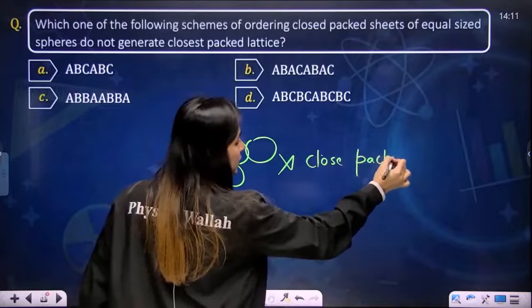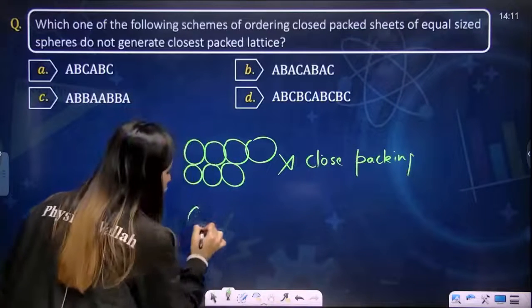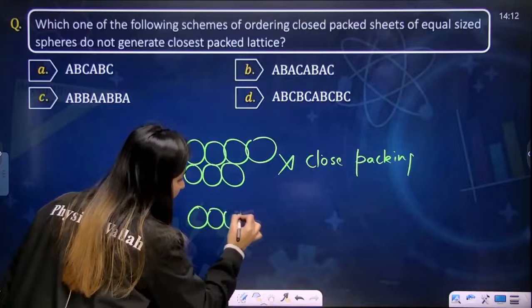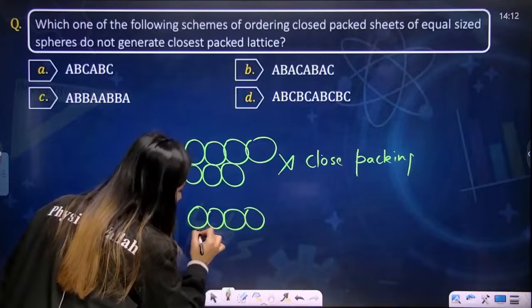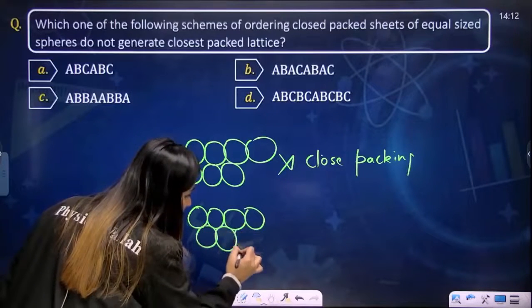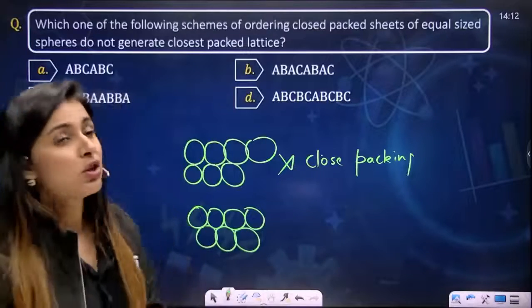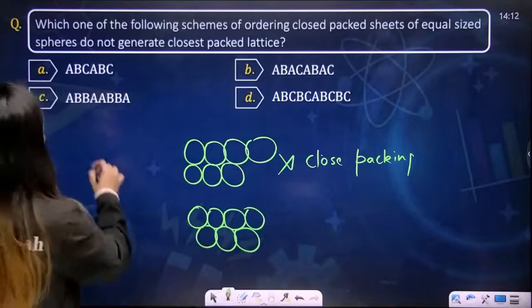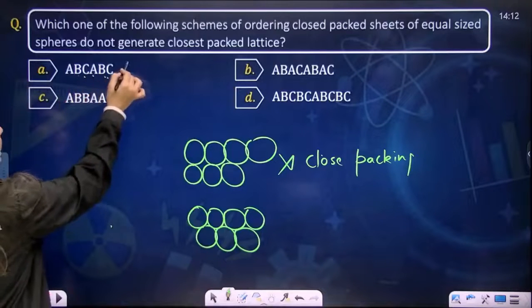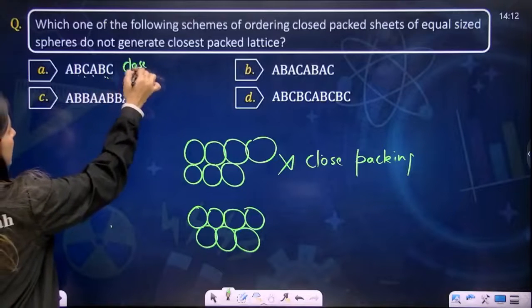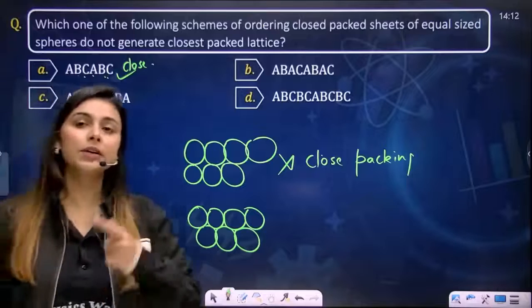When is it considered a close packing? It is only considered a close packing when you have atoms like these and you have atoms in the depression of the first layer. Only then it is known as close packing. So I can say that ABC, yes, it is a close packing, because no layer is getting repeated here.